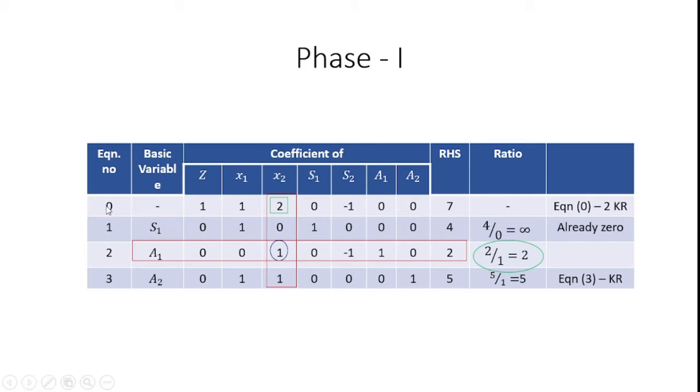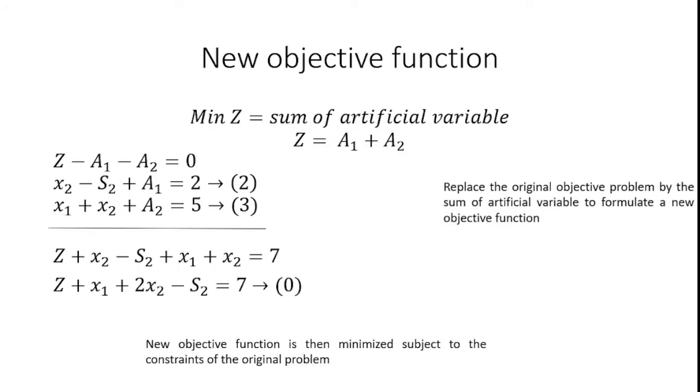Considering equation number 0, which is the objective function equation, what is the coefficient of Z? Yes, in the objective function equation, Z has the coefficient of 1, X1 also has the coefficient of 1, X2 has the coefficient of 2, S2 has the coefficient of -1, and then the right hand side is equal to 7. Likewise, equation 0 has these coefficients.